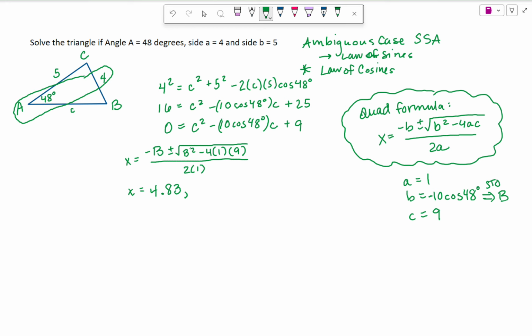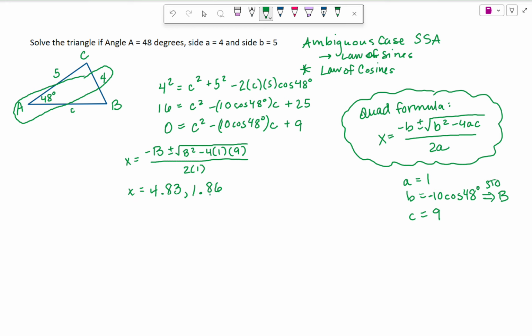And then my second value, I'll do the same equation, but I will change it to minus the square root. I kind of just go back in my calculator and edit, and then I will divide that by 2, and I'll get 1.86. Okay, so what I want you to notice is my variable, which technically is actually side C, could be 4.83 or it could be 1.86.